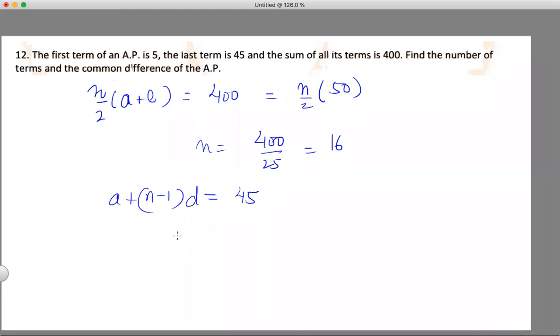Right, so a is 5 and this is 15. So d is equal to 40 by 15, which is 8/3. Yes.